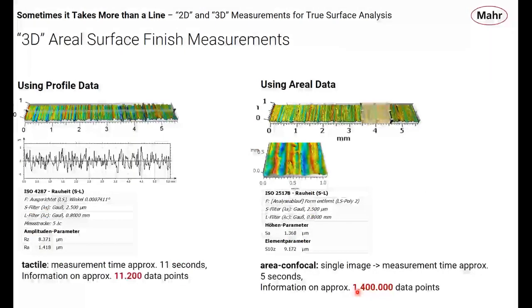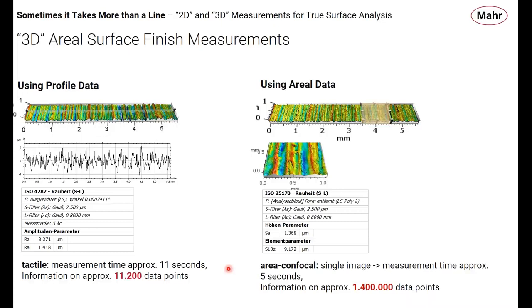The final point, this is a big slide, but really the only thing we're interested in is down at the bottom. We're comparing tactile measurement data to optical or 3D, so 2D data to 3D data. Basically, when we're doing a single profile trace with something like a PS10, measurement time is about 11 seconds, and you're getting, somebody did the calculation, 11,200 data points in a typical trace.